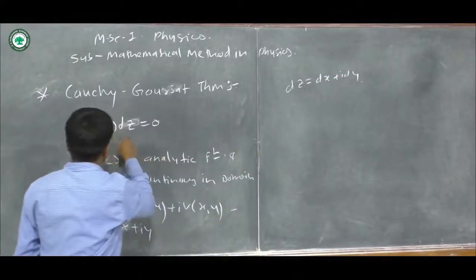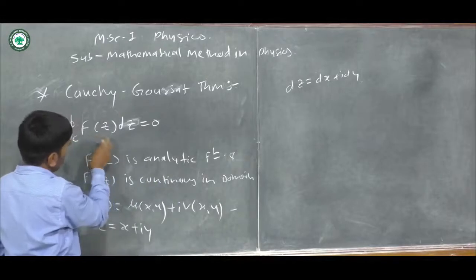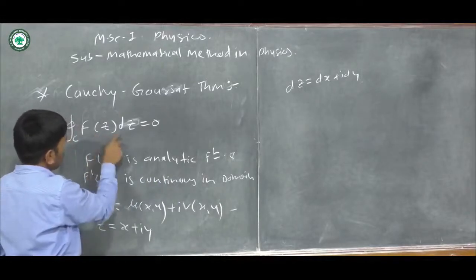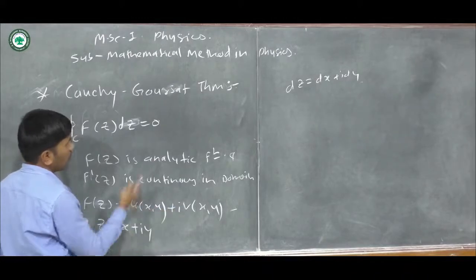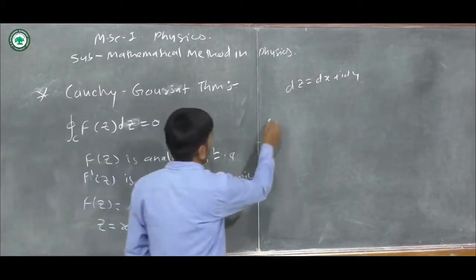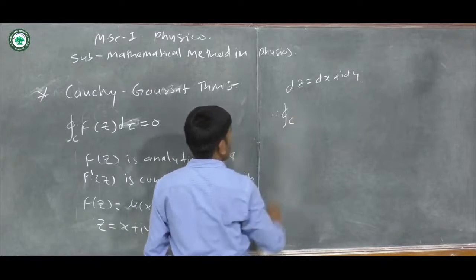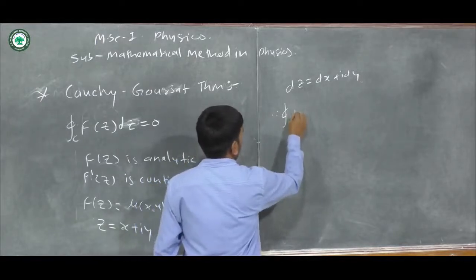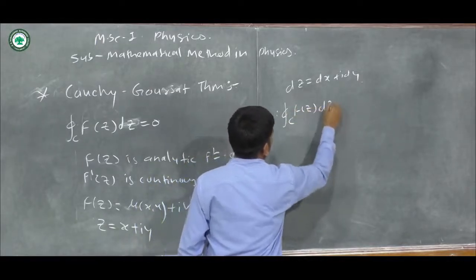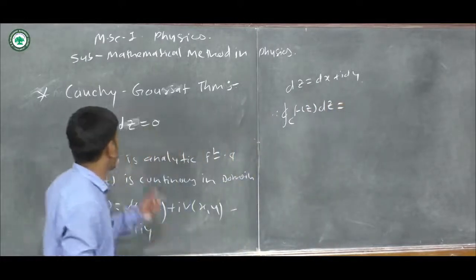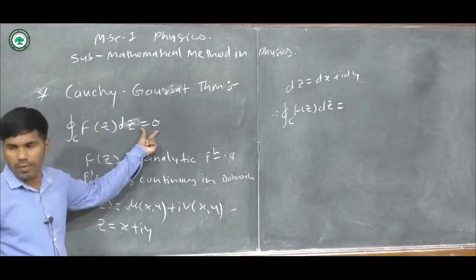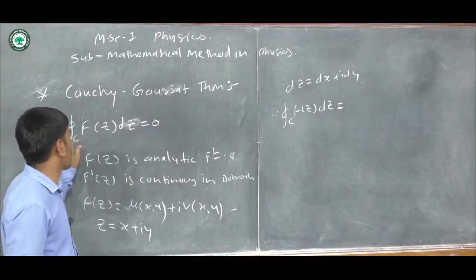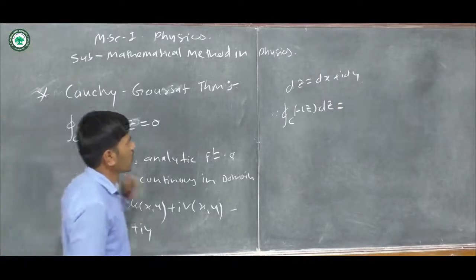So here we can rewrite f of z dz in terms of u, v and dz. Our task is to show that the closed integral over C of f of z dz is equal to 0, for the closed loop or closed curve.